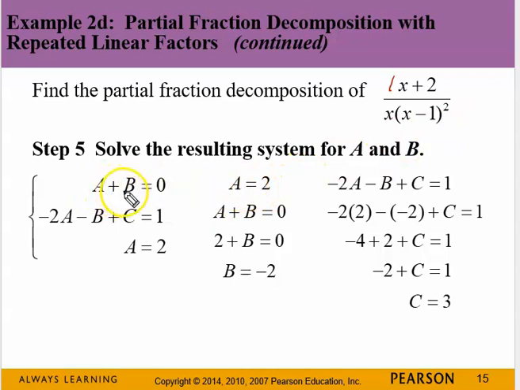So a plus b is going to be, let's just do that here. A is 2. We don't know what b is. We just transpose that 2 over where it becomes a negative 2. So we have a equals 2, b equals a negative 2.